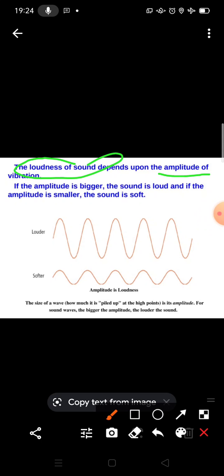The maximum displacement of the particles of the medium from its mean position. If the amplitude is bigger, the sound is loud, and if the amplitude is smaller, the sound is soft. You can say this.